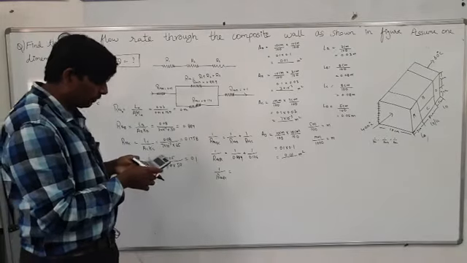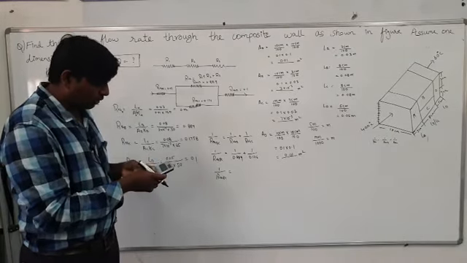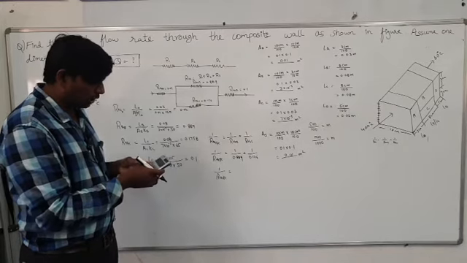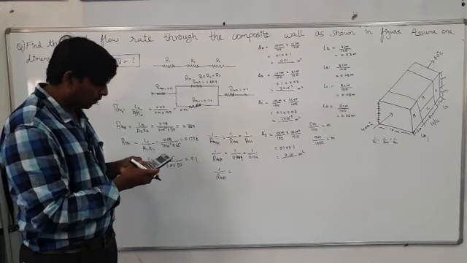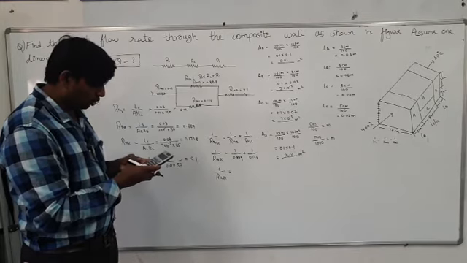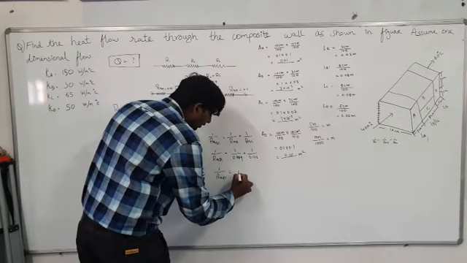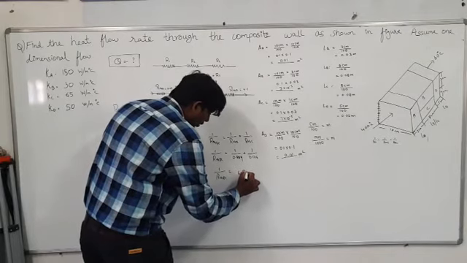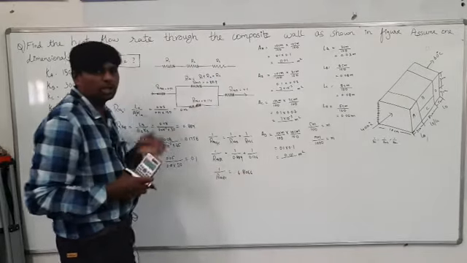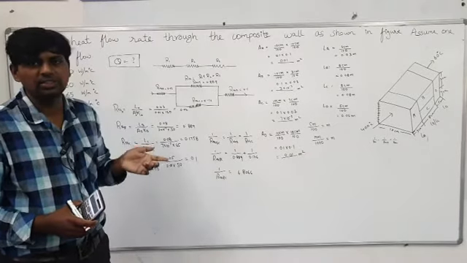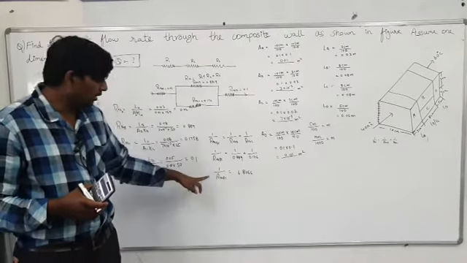Use the fraction button: 1 by 0.889 plus 1 by 0.176. So here you are getting a value something like 6.8066. This is the value for 1 by RTHBC.